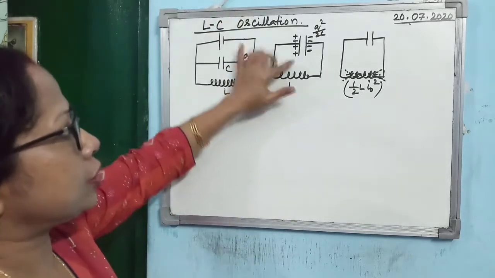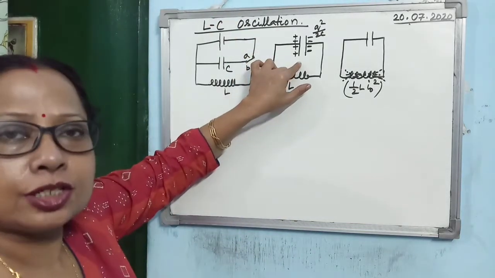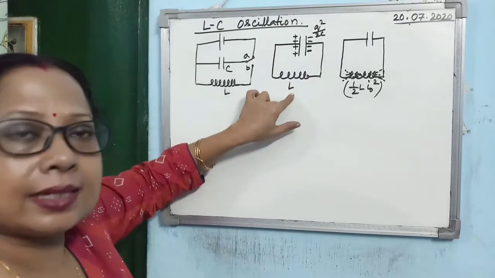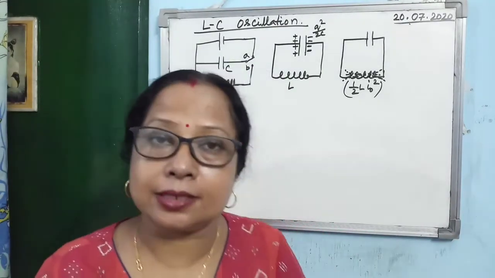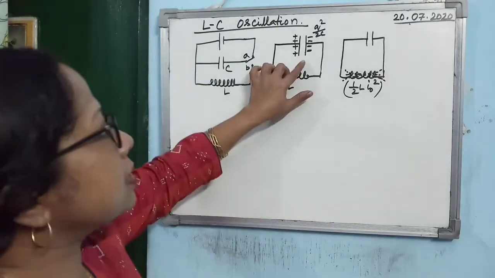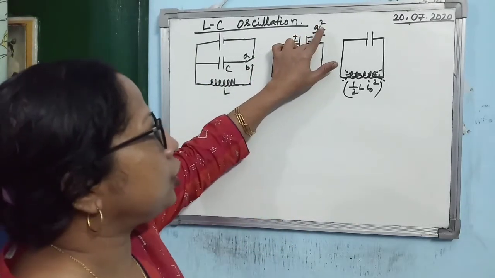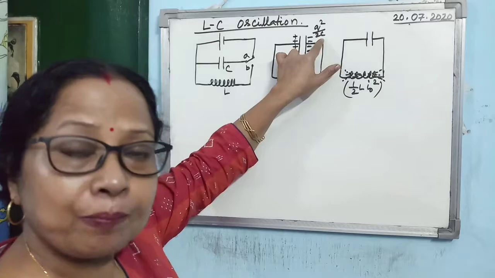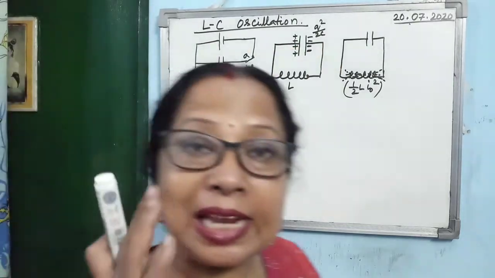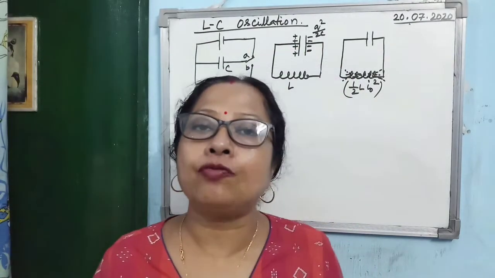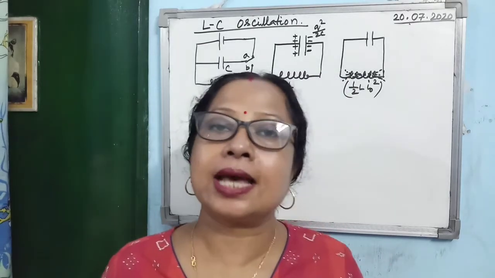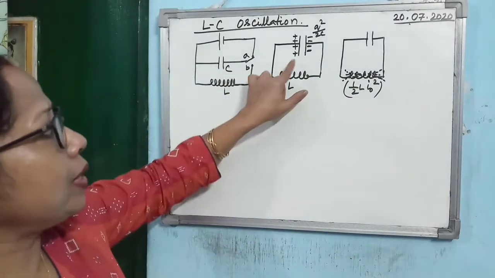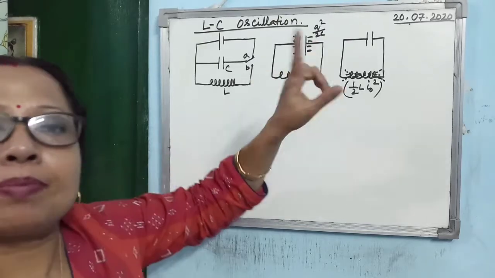The moment you connect a charged capacitor with the inductor, the first point to understand is that the capacitor has an energy Q square by 2C. This energy is in the form of electrical energy, and it exists as an electric field between the two plates of the capacitor.